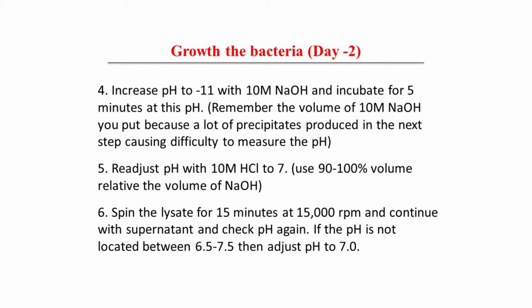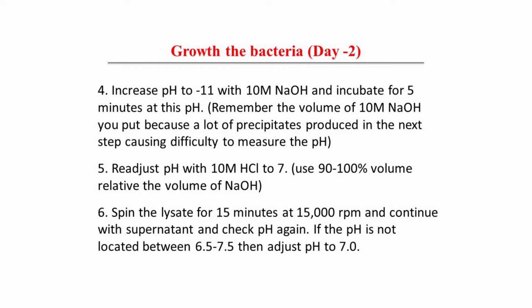Next, steps 4, 5, and 6 are the ones I previously mentioned on the whiteboard at the beginning of this class. So let's do it again. Step 4 is to increase the pH. Remember that up to step 3, you resuspended the E. coli solution and sonicated it to break the cell membrane. So all the internal DNA, proteins, liposomes, actins, plasmid DNA, vitamins, and so on are in the solution.